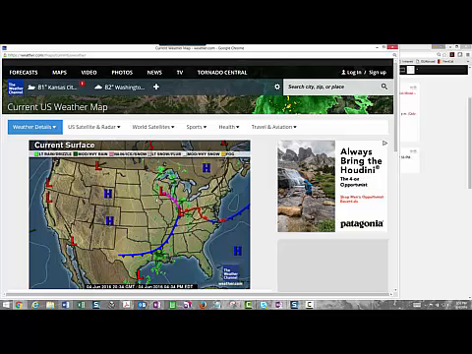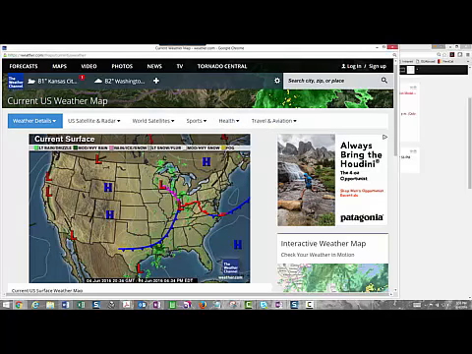So you take the 5-knot wind speed times 2 isobars, and you can say currently about 10 knots as of the time this map came out, which looks like about a half an hour ago.